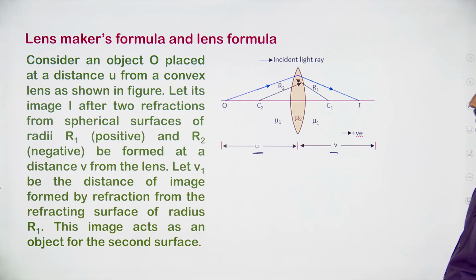Consider an object O placed at a distance u from the convex lens as shown in the figure. Everybody has to look.